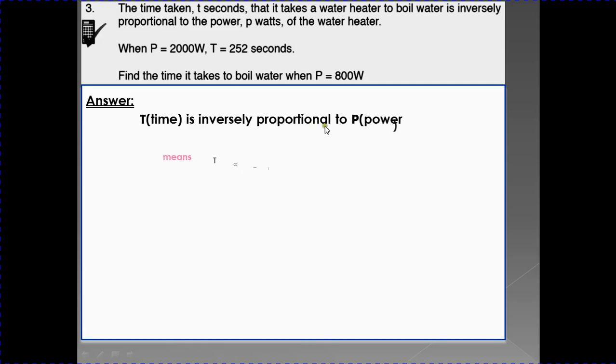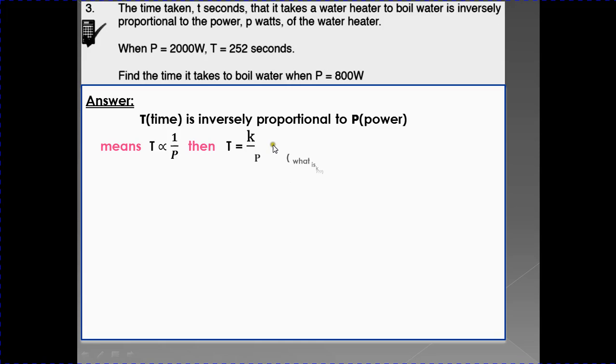And time is inversely proportional to P. And t varies as 1 over P. And if you want to cancel this symbol of variation, you can write t equals k over P.